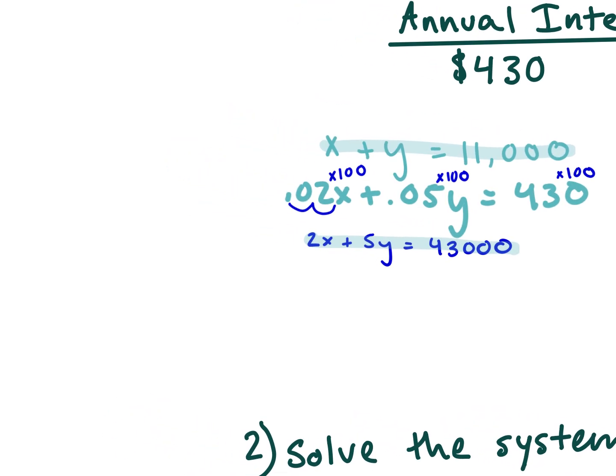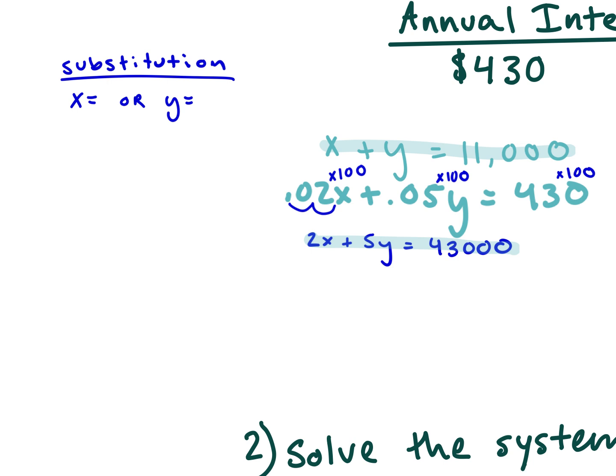But if we use substitution, we need one of our equations to be either x equals or y equals. So if you have an equation that your coefficient is just 1, it might be easier to use substitution, but again, use whatever you want. It's up to you.